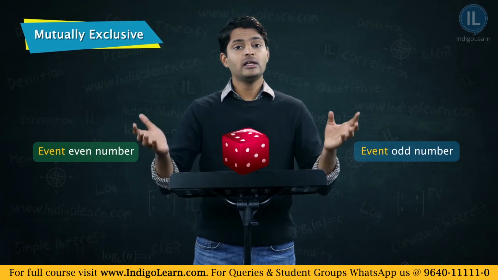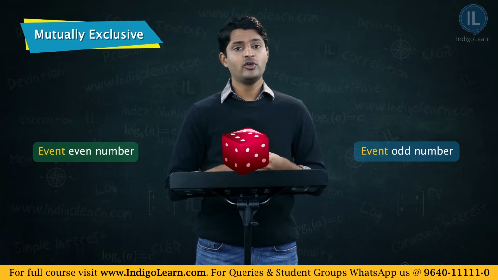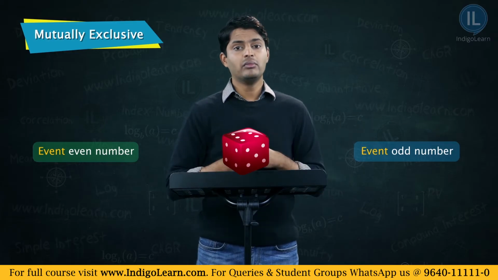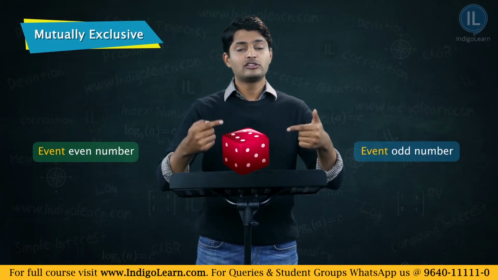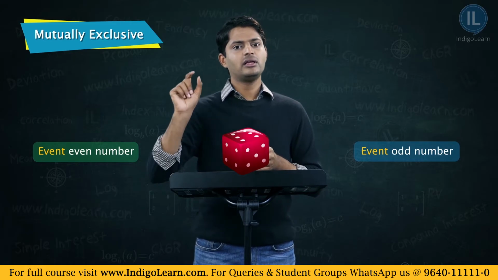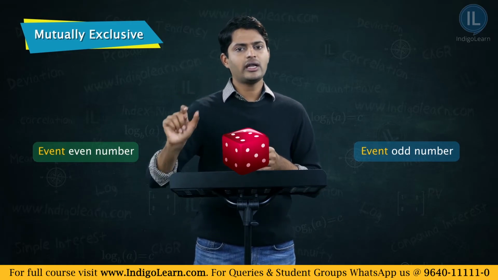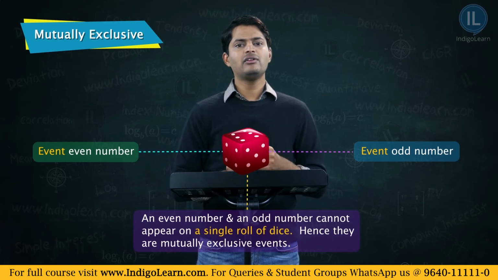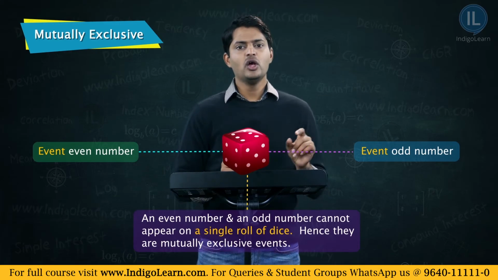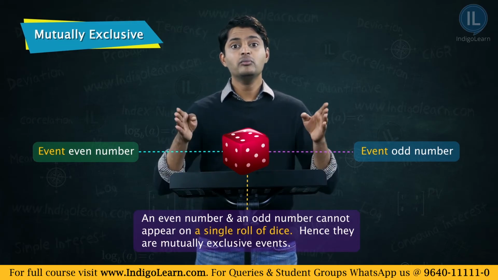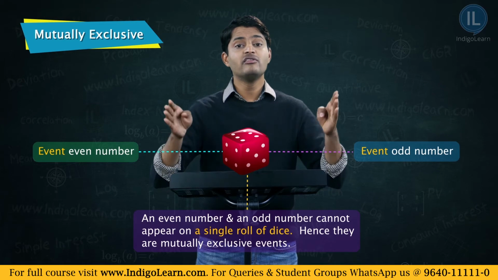So, do you think the example that I gave you, probability of even number, probability of odd number, are these mutually exclusive events? That means whenever the number that is shown is an odd number, you are very sure that it can't be an even number. Similarly, when the number that is shown is an even number, you are very sure it can't be an odd number, correct? So, these are called mutually exclusive events.